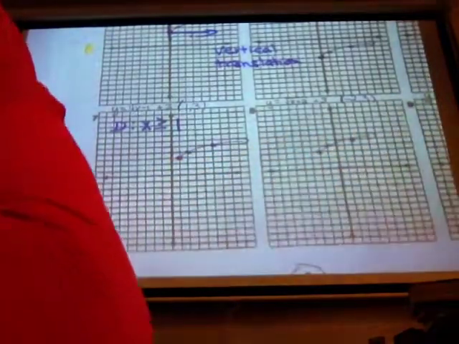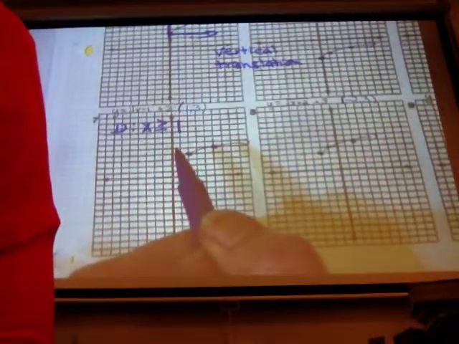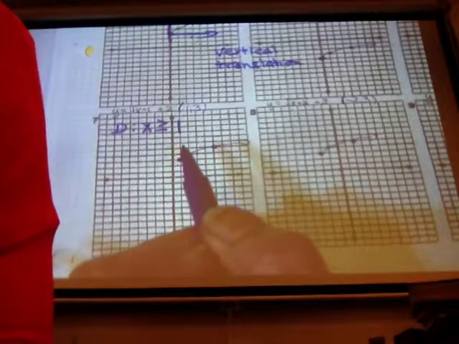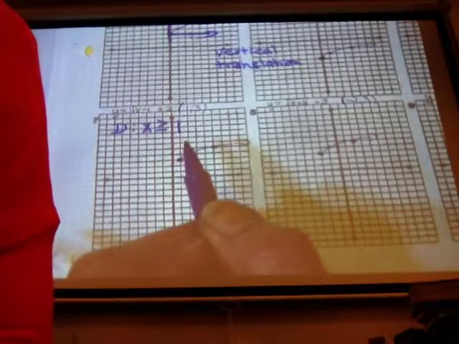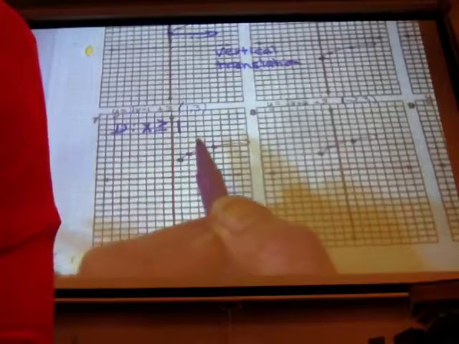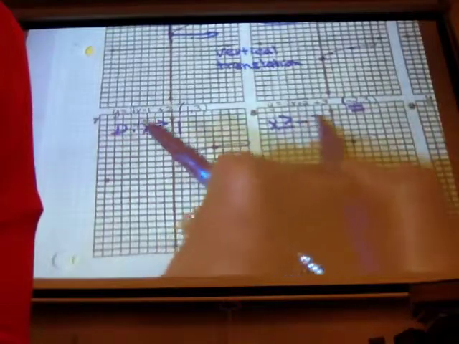And what is my domain? Look at what we've been doing on all of these. Here, where does it start? It starts at greater than or equal to negative 2.